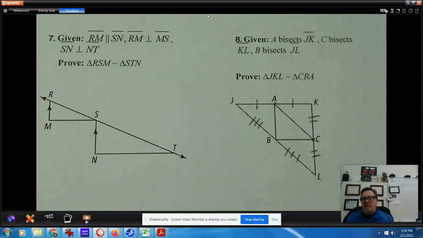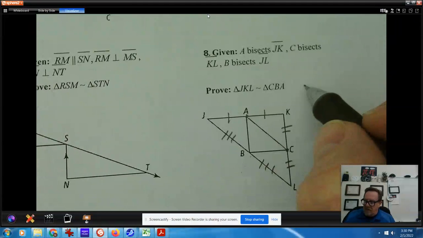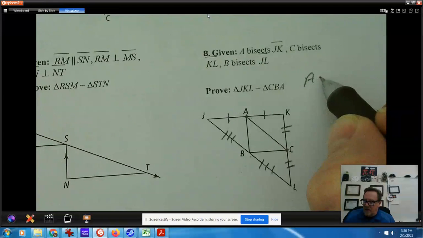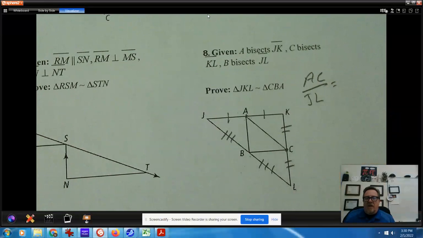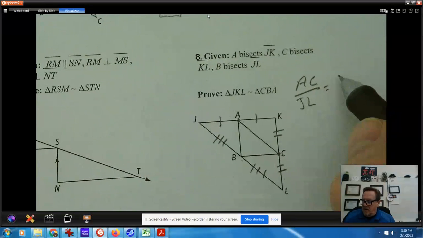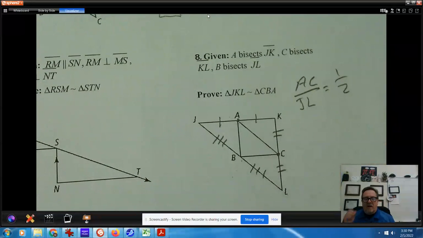So the ratio here, I'm just going to build some information here, that AC is to JL, whatever that ratio is, is a 1 to 2 ratio because AC is 1/2 of JL.